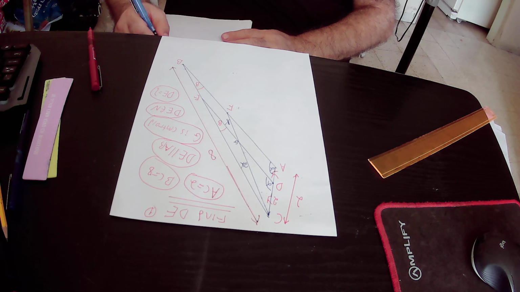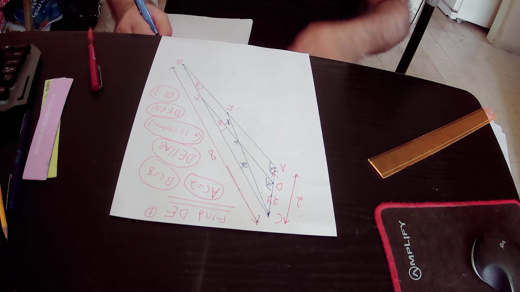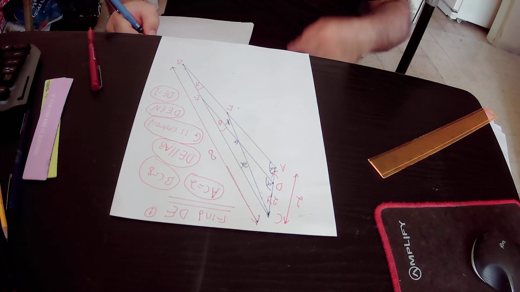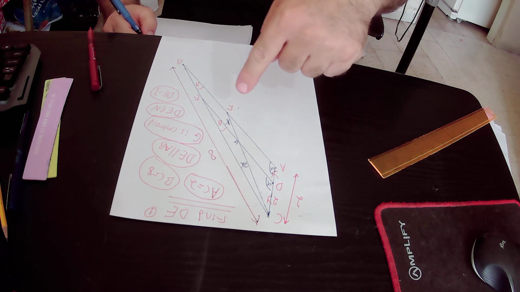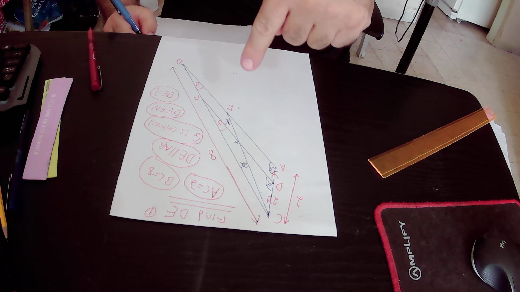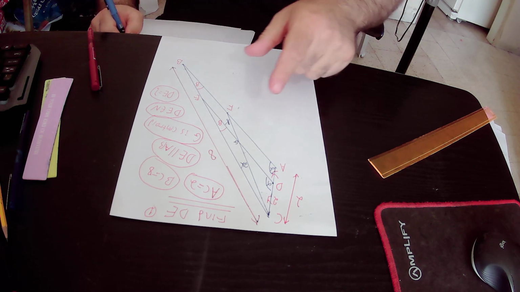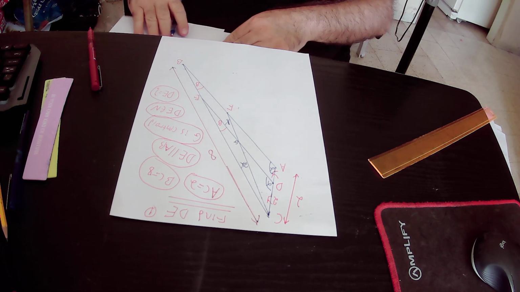Angle ABC, this angle, equals angle DEC, and both those two angles are equal to beta.